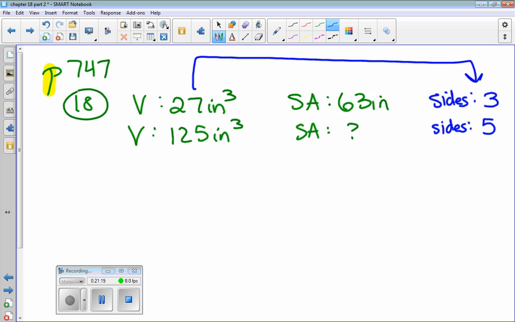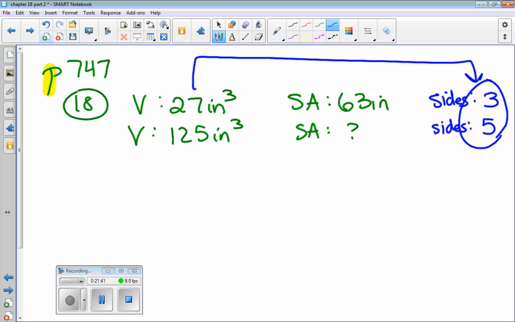No. Be careful, okay? The surface area is not 5 squared, because this 3 squared is not 63. Do you see that? So what this does is it allows me to find the base ratio of the surface areas.